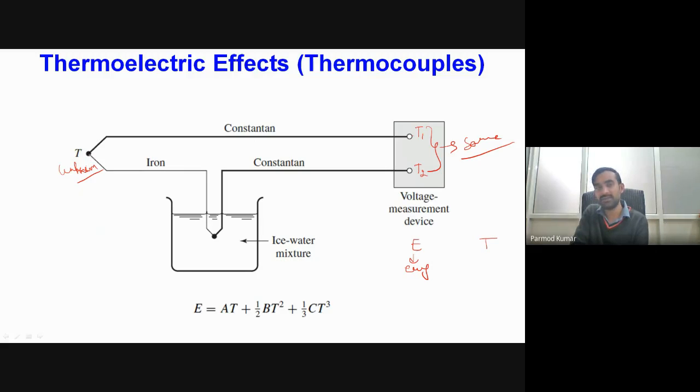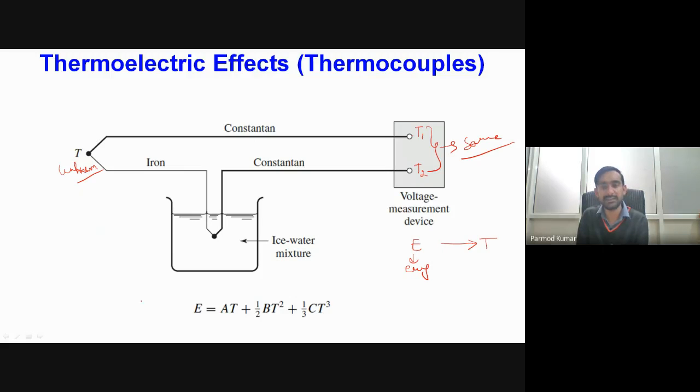We should have some relationship between the EMF and the temperature, and only then will we be able to find the corresponding value of the temperature.